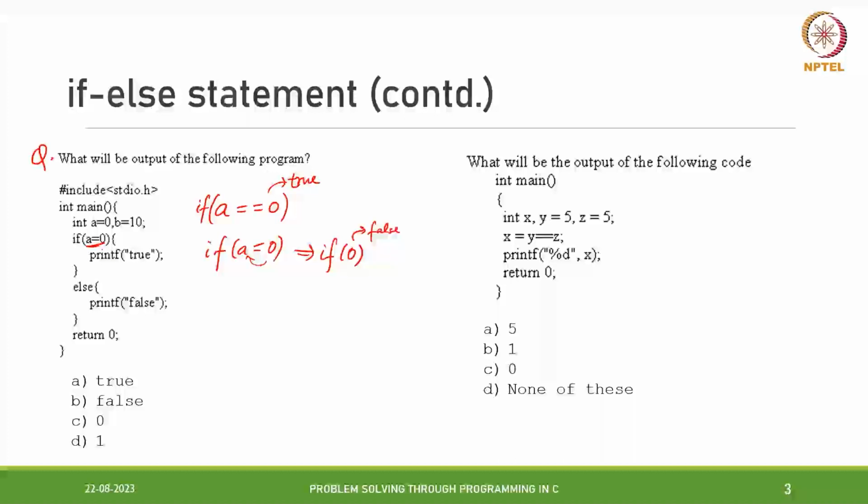In the previous session, I told you that any value other than 0 will be considered true, and a value of 0 will be considered false. So here the overall expression reduces to if of 0, and that means it's false. And Sir, can we put 0 as an answer?